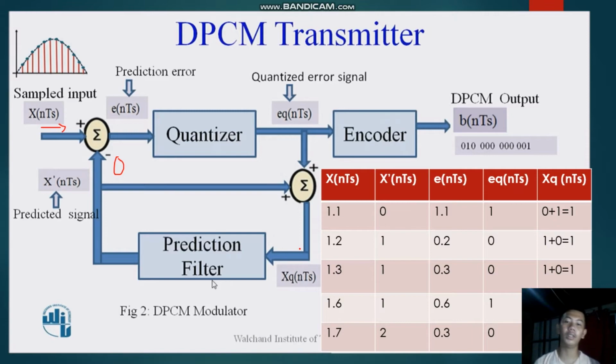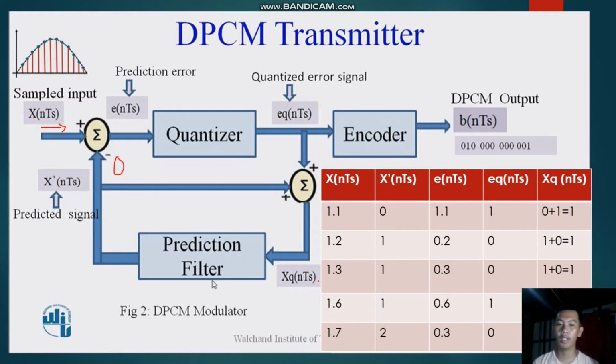So we have 0 plus 1. Next, we have an input of 1.2. We have a current predicted signal of 1. So 1.2 minus 1, we have a prediction error of 0.2. Our quantized error signal at the standard level is equal to 0. So our xq sub nTs is 1 plus 0, which is equal to 1.